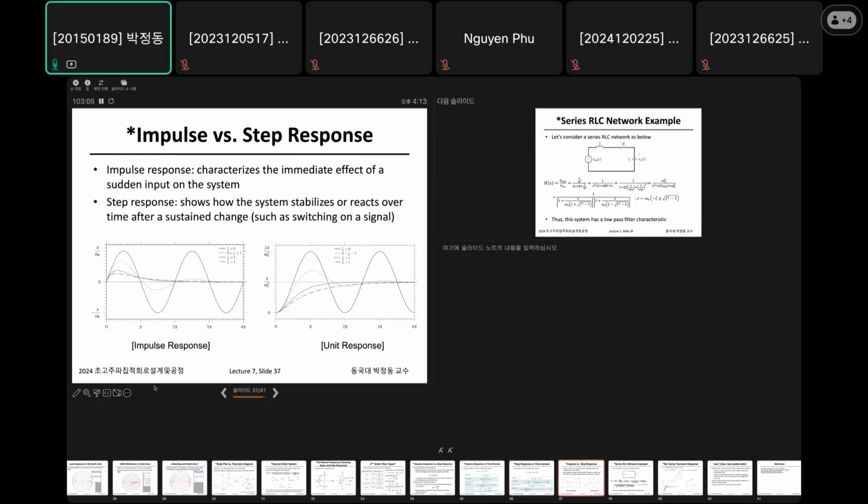So if you draw all of them, right? For example, undamped, this is just a sinusoidal, right? If it is underdamped, you have a gradually reducing oscillation signal, right? And critically damped, you have this one, right? And overdamped, you have a more fastly settled response.